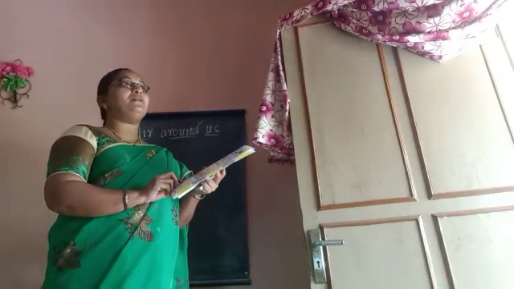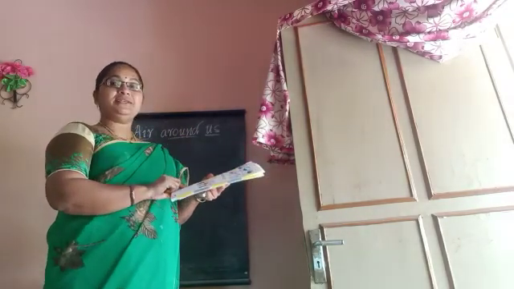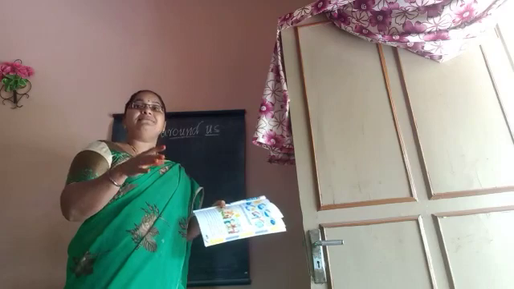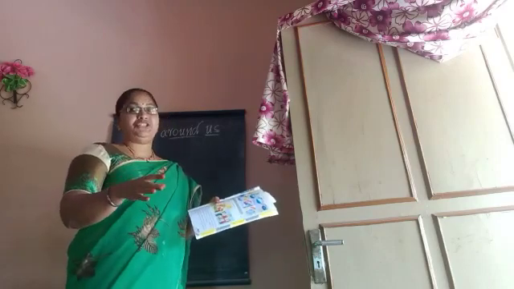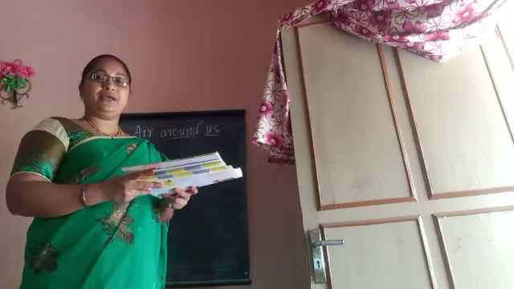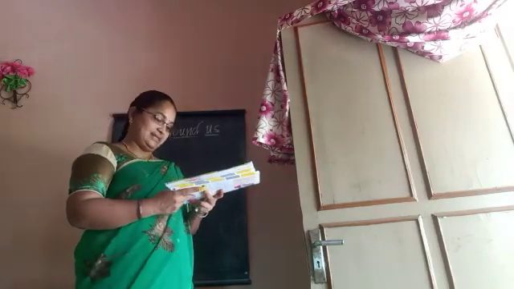Even though there are various climates, somewhere hot, somewhere cold, we are experiencing the same cycle of seasons: summer from March to June, rainy season from July to October, and winter season from November to February, with some variations. We all are experiencing these three seasons.